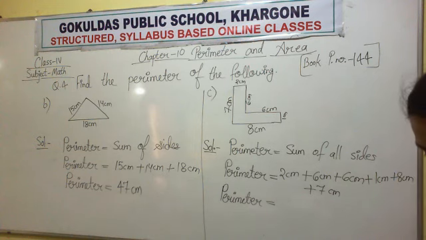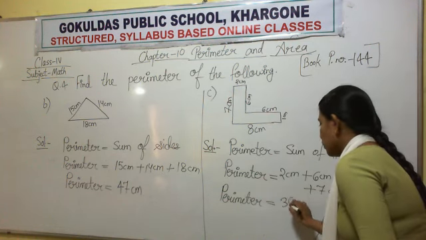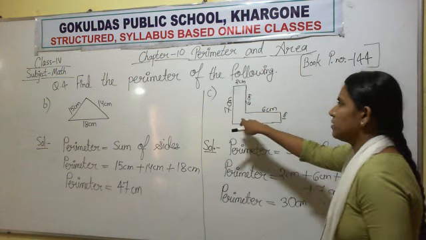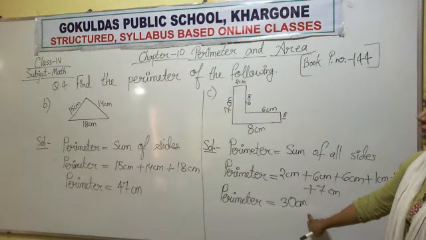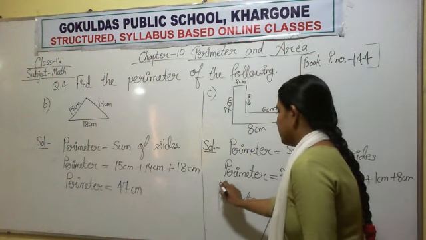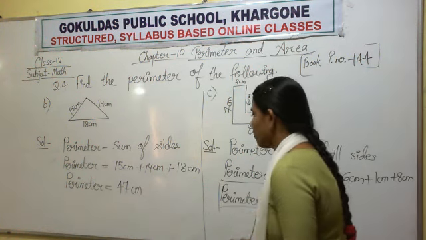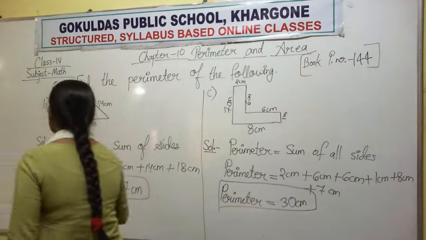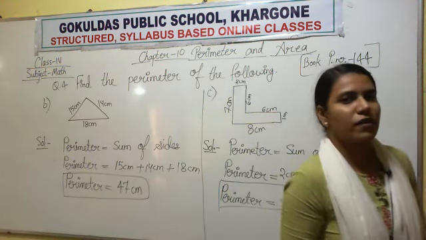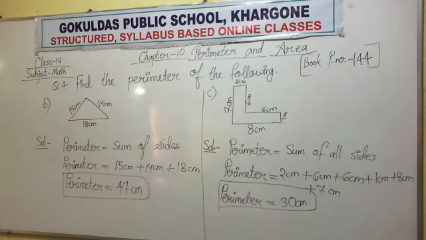What is the total you get? 30. So the perimeter of this figure is 30 centimeter. Perimeter means the length of the boundary. It is very easy to find the perimeter of any given shape.